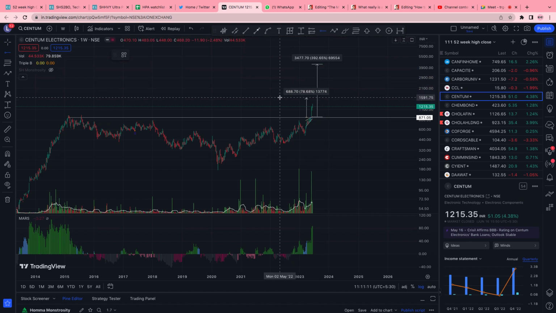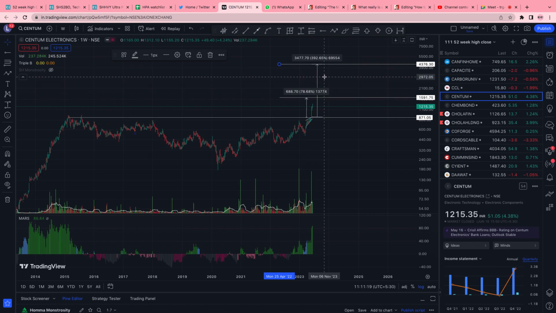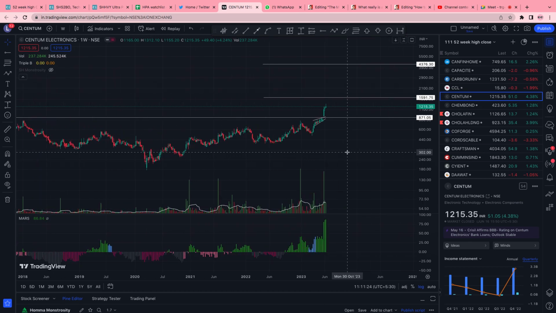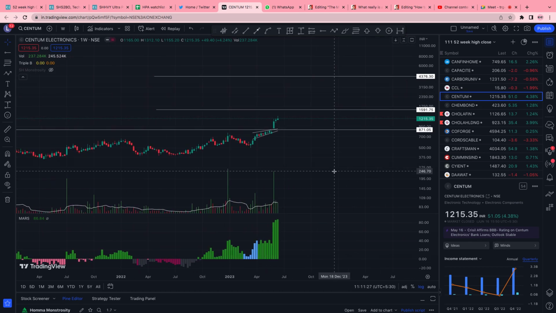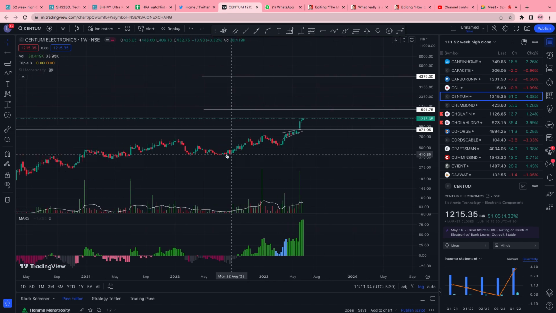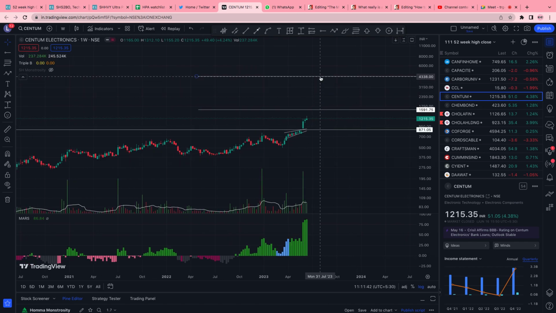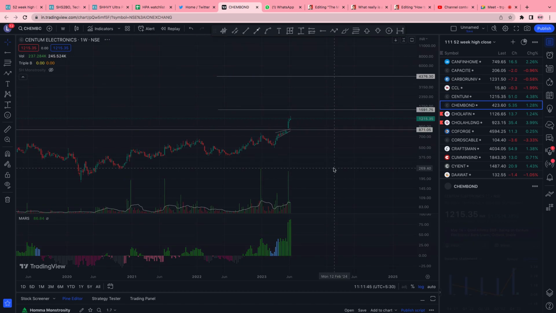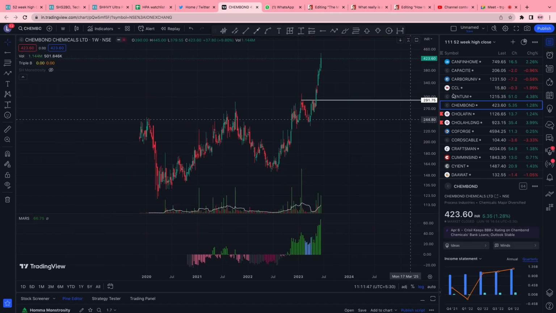So again, this is not very hard and fast कि इधर तक ही जाएगा या इधर तक जाना ही है, but just for you to get a frame of reference for visualization, that if you are already in Centum thinking that this guy is a leader, then these kind of targets will give you a frame of reference कि अच्छा चलो इधर तक तो जा ही सकता है, और या इधर तक maximum जा सकता है. So this is to help you in that regard. Sometimes they reach, sometimes they don't.